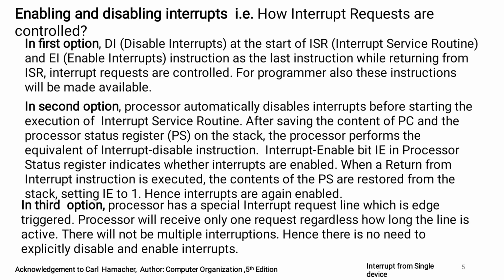Only once it becomes active, the processor understands that a device is requesting and attends to that device. Even though the line stays high, no other device can request or interrupt the processor because it is a special INTR line.